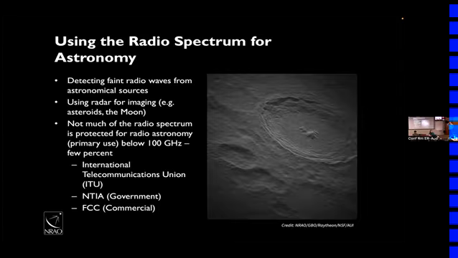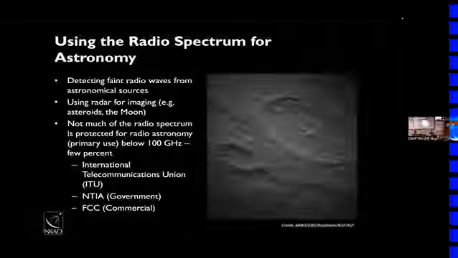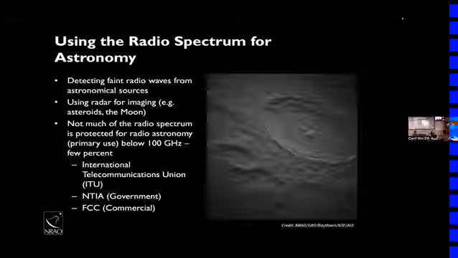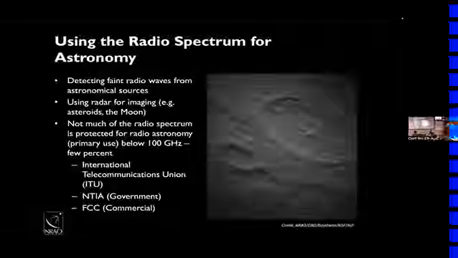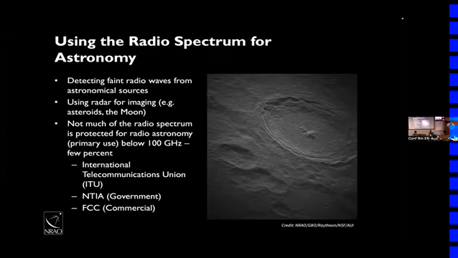It turns out that very, very little of the radio spectrum that you've heard a lot about and know a lot about is actually protected for radio astronomy. So there are international rules and there are sort of national level rules. So there's something called the International Telecommunications Union, the ITU, where countries from around the world come together to sort of say, yes, we think this is how the radio spectrum should be used.